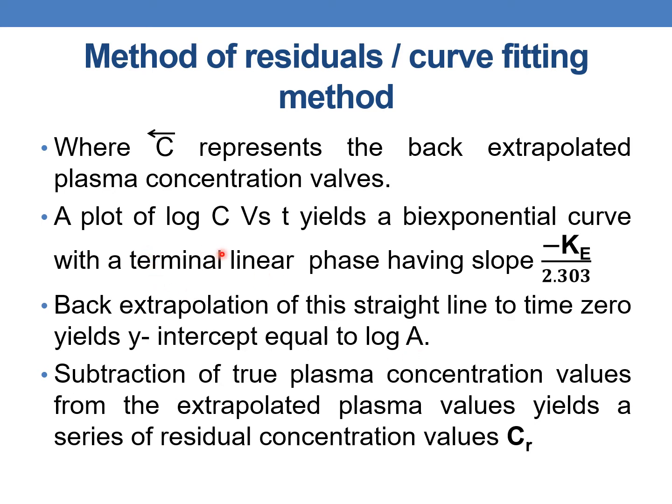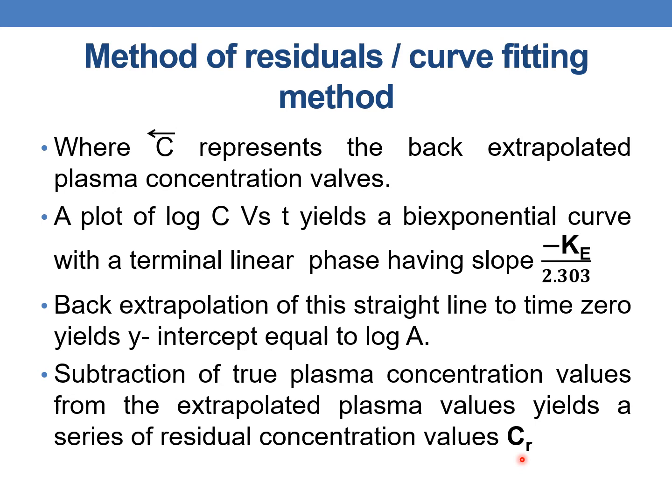So, when a plot of log C versus t yields a bi-exponential curve, that curve has a terminal linear portion whose slope is equal to minus Ke by 2.303. Whenever this linear portion is back extrapolated to time 0, it yields a y-intercept equal to log A. Subtraction of the true plasma concentration values from the back extrapolated plasma concentration values yields a series of residual concentration values, CR, hence the term method of residuals.